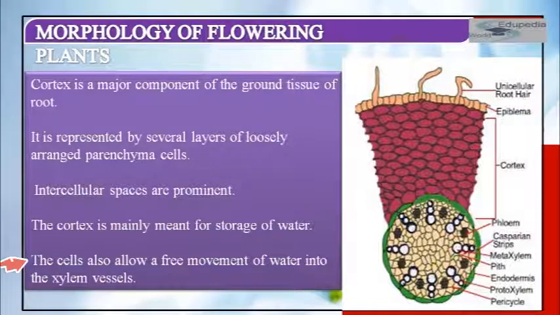Okay, students, this is metaxylem, the bigger one, and the smaller one is your protoxylem, and this green layer is endodermis, and beneath the green layer there is pericycle. And where is pith? Pith is here. This is the pith portion. And these are the Casparian strips. That means they are formed due to suberin, that is a waxy substance.